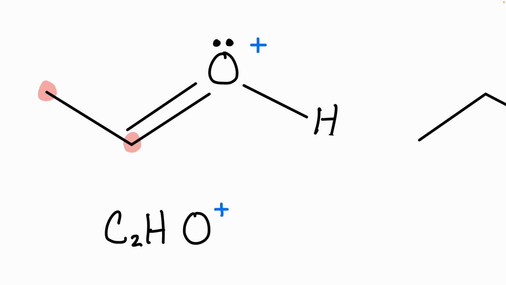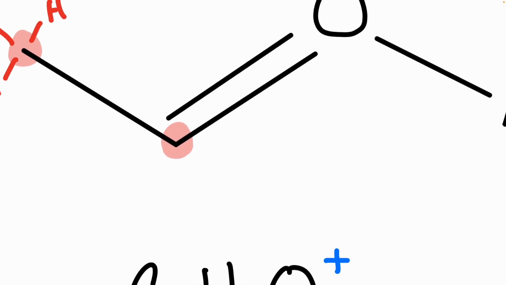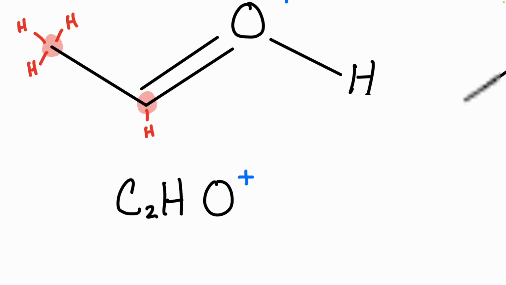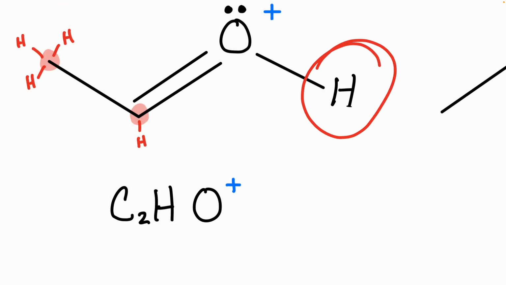Again, this one's a little bit of a challenge. We got our terminal carbon, which will have 3. And what about this one here? How many bonds do I already have? 3. So there's just 1 hydrogen on that carbon. So that's 4 plus my explicitly drawn 1 over here brings me to 5.